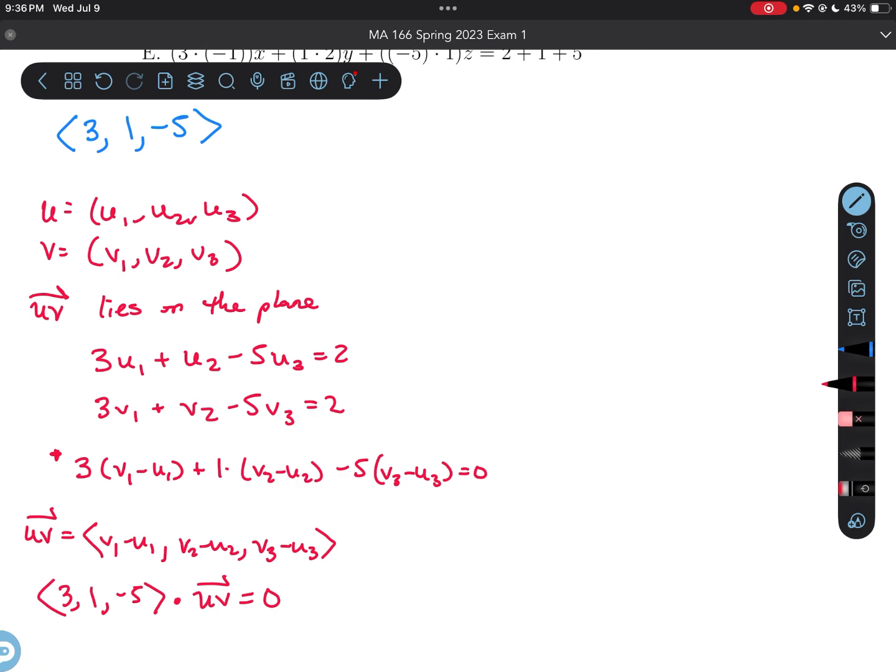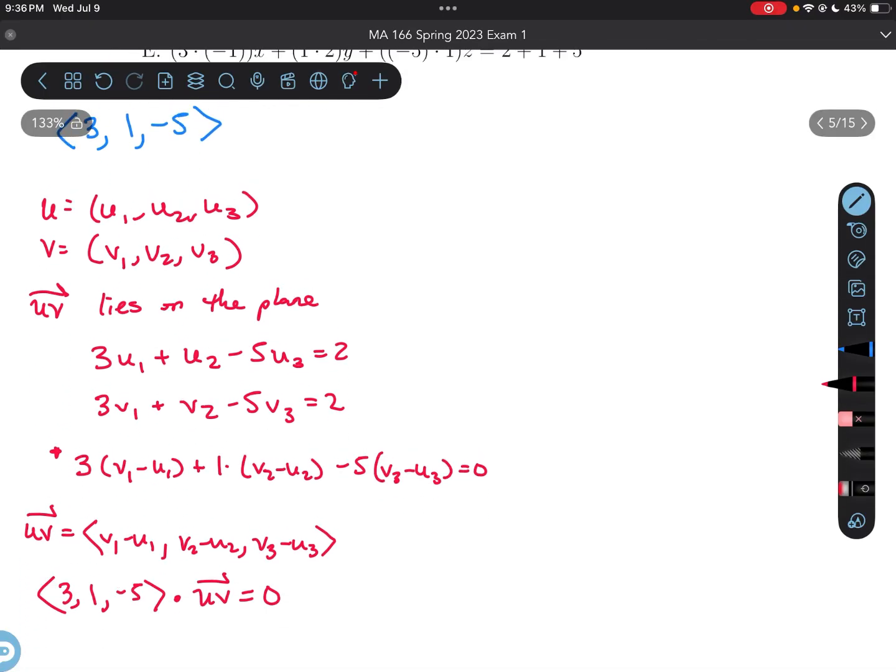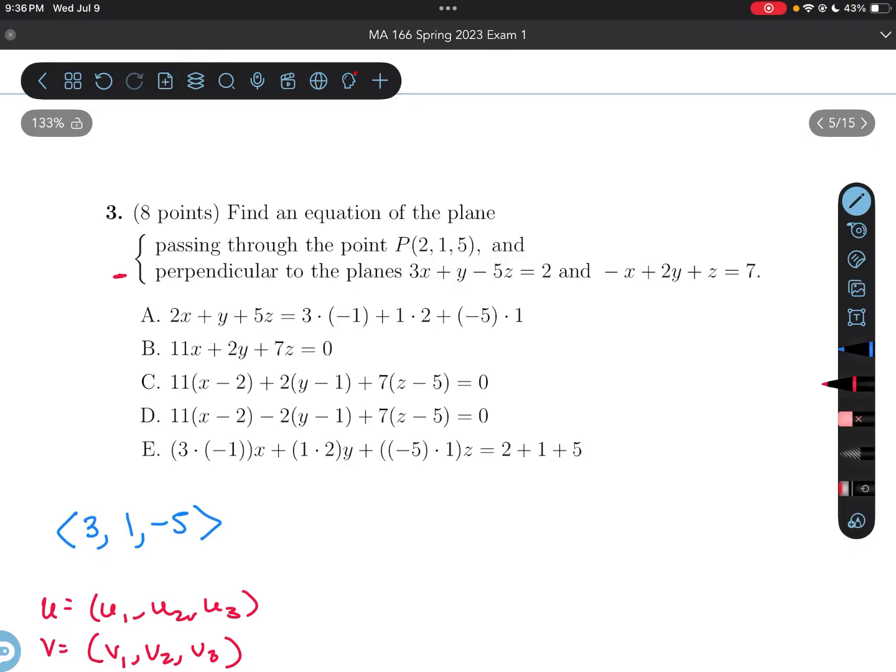And when the dot product of two vectors is 0, that means they are orthogonal, or perpendicular. So that is essentially the proof of why we know that (3, 1, -5) is perpendicular to this plane.